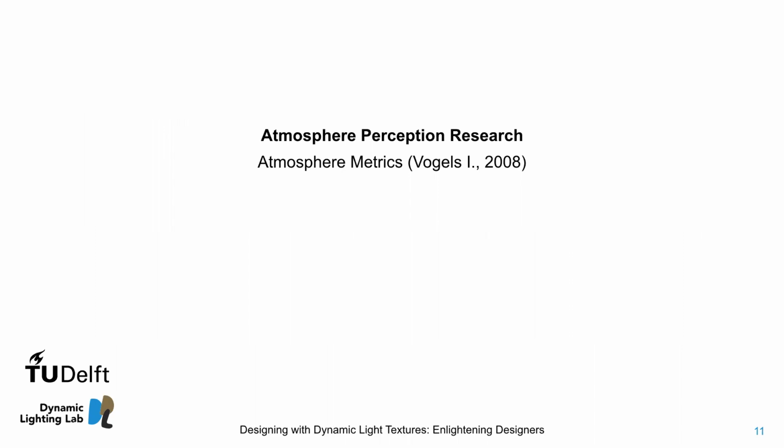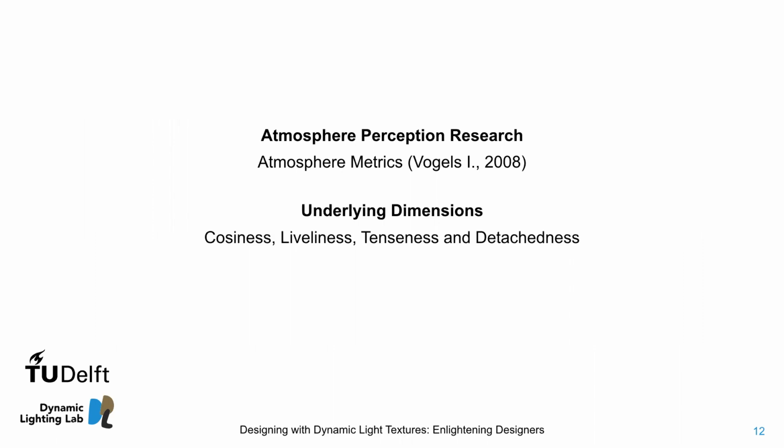A group of researchers at the TU Eindhoven wrote a paper called Atmosphere Metrics. What they actually found in this research was that there are 4 underlying dimensions in atmosphere perception, which is called the sense of coziness, the sense of liveliness, the sense of tenseness, and the sense of detachedness of atmosphere.